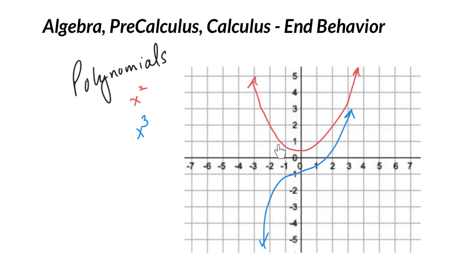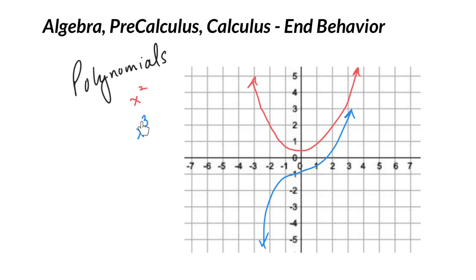This isn't exactly x squared, I just sketched a parabola. But as you plugged in larger and larger x's, the y's will just keep getting larger and larger towards infinity. And if you plugged in more and more negative x values, because of the squaring, they will get big positive outputs. So in both cases, the end behavior here is it's going up to infinity in both directions.